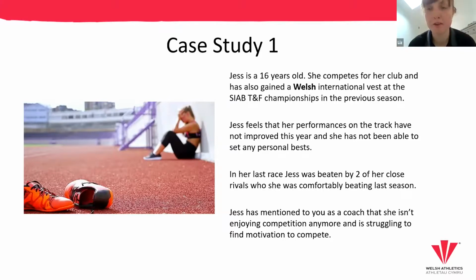Yeah, no, I 100% agree with that. I think it is a delicate age. One of the reasons I brought Jess up is because girls often develop quicker than boys. So you can see them having that early success, and then they sometimes get to a bit of a plateau, which is often what we see, especially in endurance.